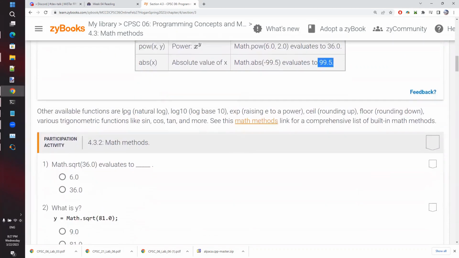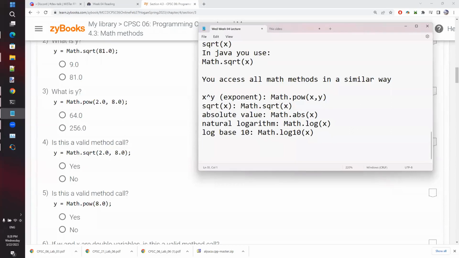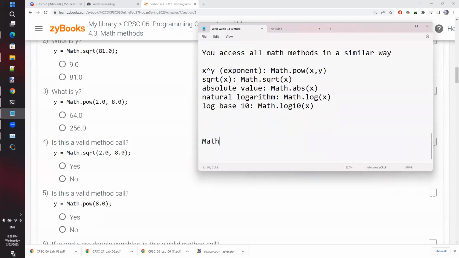Okay, and then they list some more of them. Log, which is natural log, log10, exp, ceil, and floor. So ceil is round up to the next number. For example, here's Math dot ceil. If I do 4.2, what is Math.ceil 4.2?